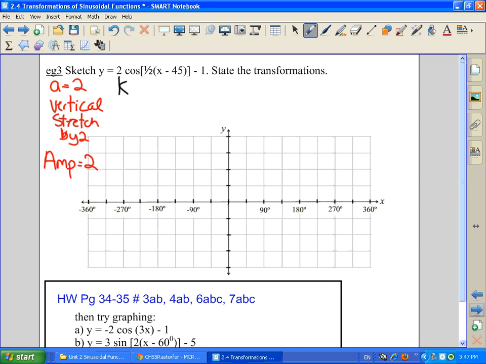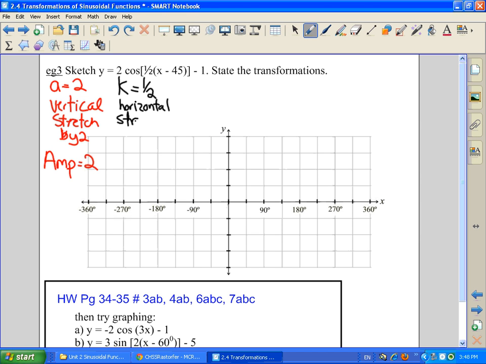We know that K equals 1/2. Okay, so that's going to be a horizontal stretch.